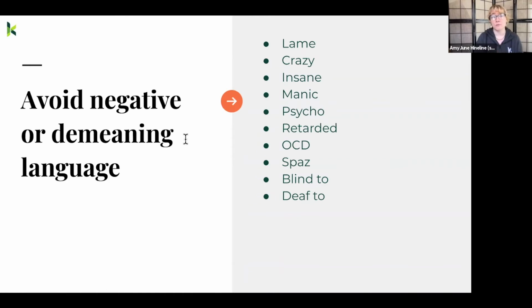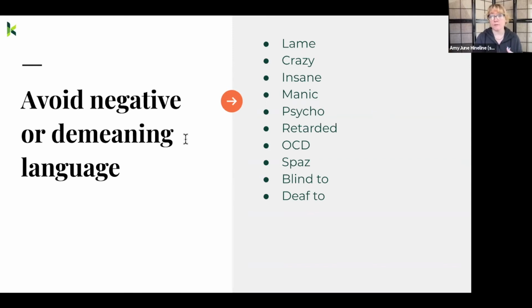So make sure that you use the language that people prefer. People with disabilities over the disabled. A good example would be people living with HIV rather than AIDS victims. People who use wheelchairs over crippled or wheelchair bound.